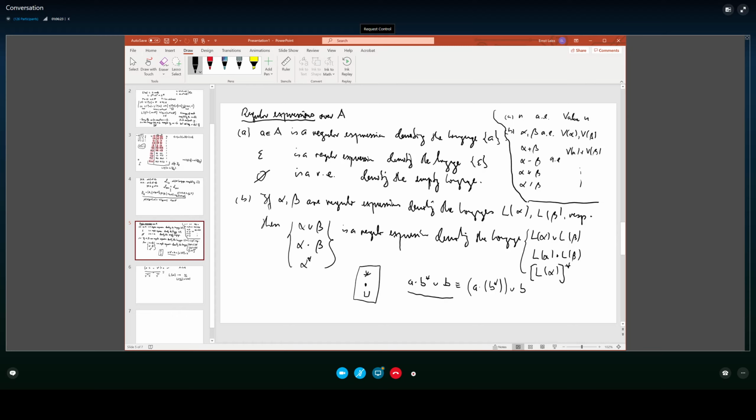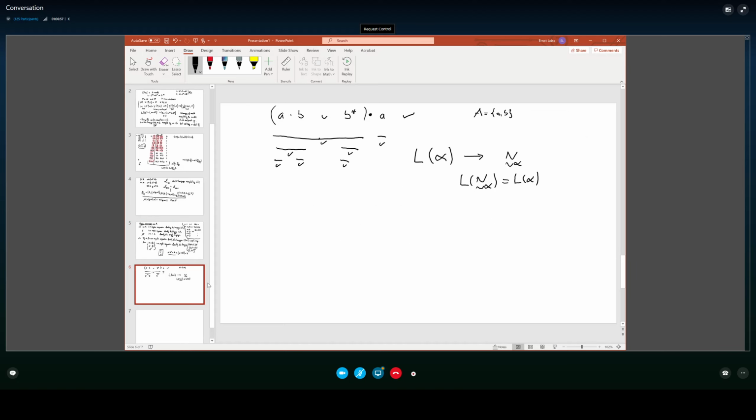And phi is a regular expression denoting the empty language. Then we do the same thing for union, concatenation, and star. So in all cases, we are not just giving a recipe for how to construct another regular expression, but it also tells us exactly what the language is that is denoted by that regular expression. So alpha union beta denotes the language L of alpha union L of beta, and so on and so forth.